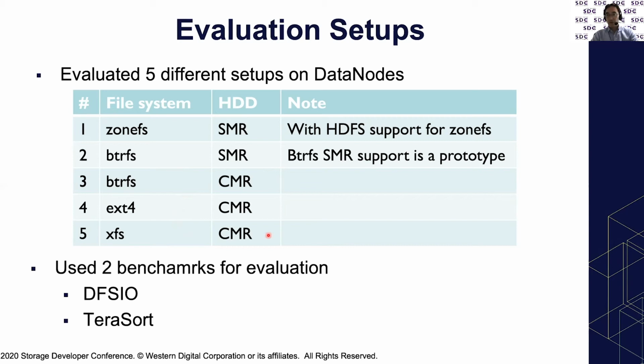This is the usual setup for HDFS and Hadoop. As for ButterFS, I compared it both on SMR HDD and CMR HDD. Please note that the ButterFS SMR support is a prototype, and now work is ongoing for mainlining.